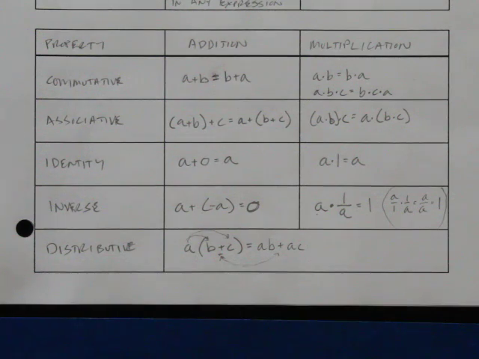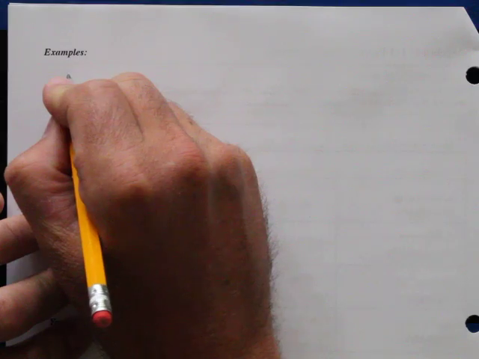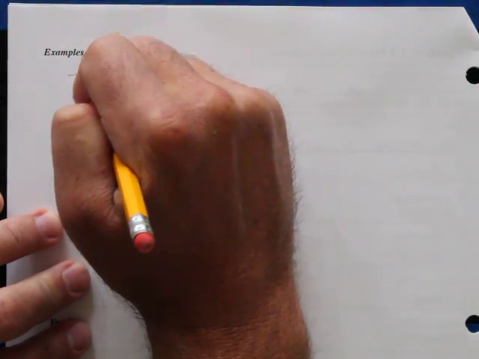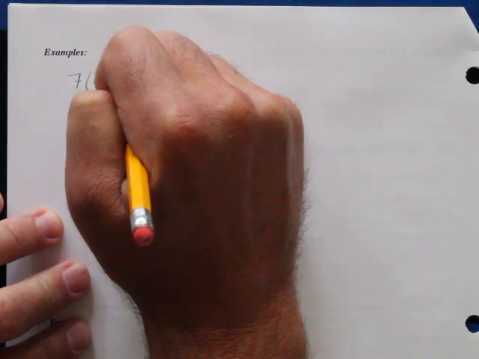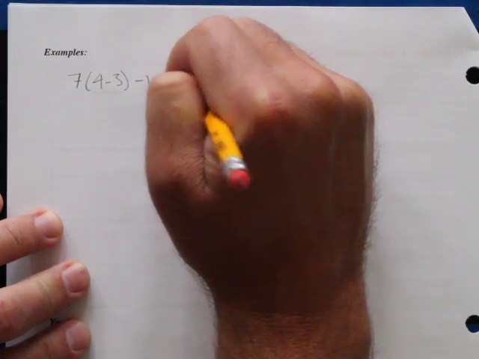Now let's just do a couple of examples on the other side of this page. Okay, so the way this homework is going to work, and the way this example works, is I'm going to give you an expression: 7 times 4 minus 3 minus 1 plus 5 times 1/5.